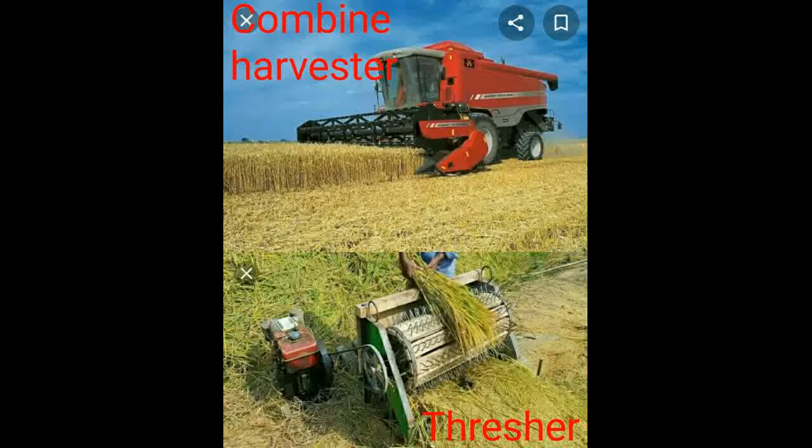You can take a look at the picture of thresher on your screen. Children, this threshing can be done also by using combine harvester. As I have told you earlier, this combine harvester does the work of both harvesting as well as threshing.